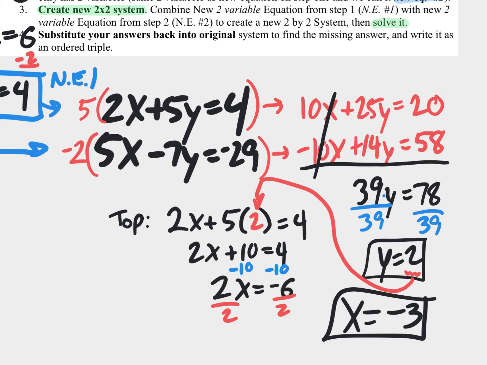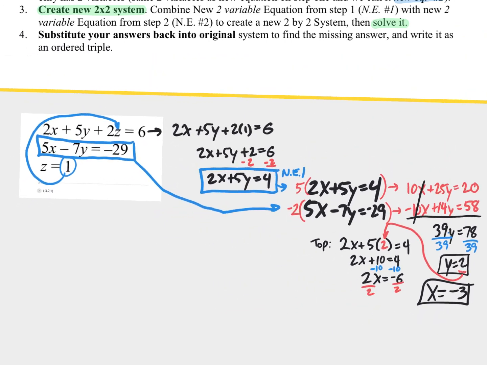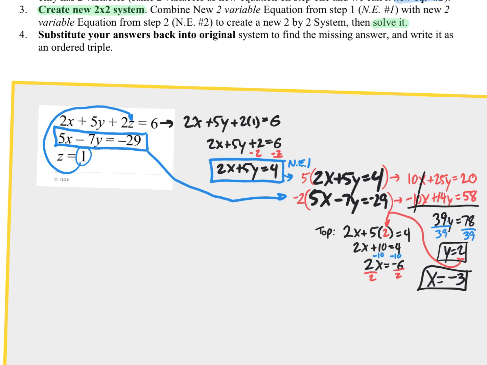Okay. Now, if we were following the steps, we'd say, oh, let's take these two answers and plug them back in, right? But that's kind of pointless because they gave us that third answer, z. So we already know that our answer is the ordered triple -3, 2, 1.